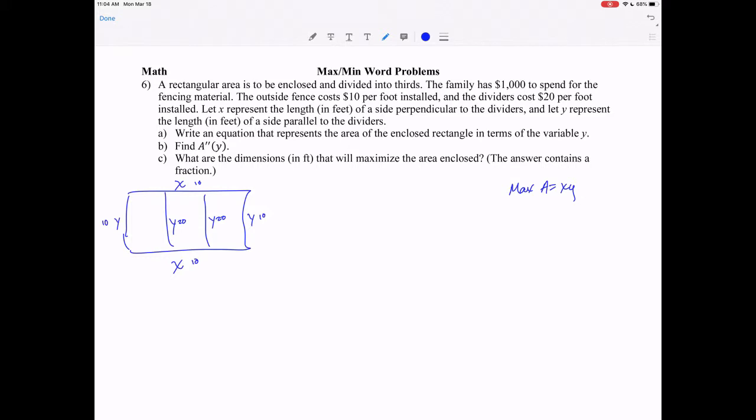We are given $1,000 to spend on the fence. So that is 10x plus 10y plus 20y plus 20y plus 10y plus 10x.